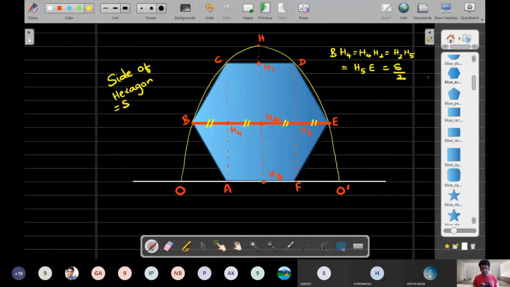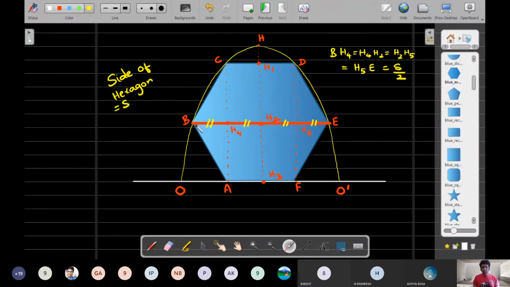Then I'll make a statement that for the curve BC to be covered during this part of motion, from B to C, when the particle is going, it covers a horizontal distance of S by 2. From C to H it again covers a horizontal distance of S by 2. It does so for H to D and D to E individually also.